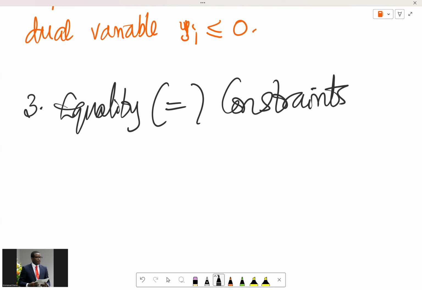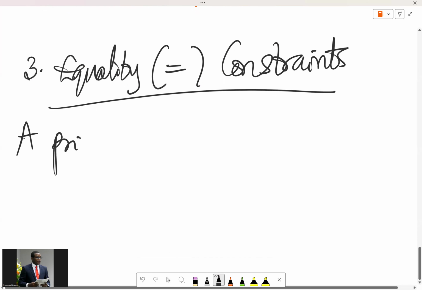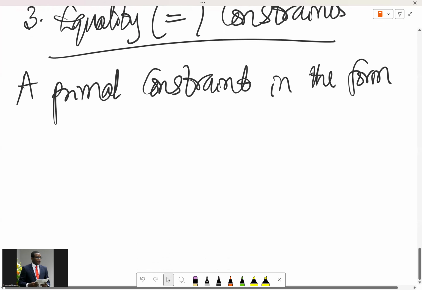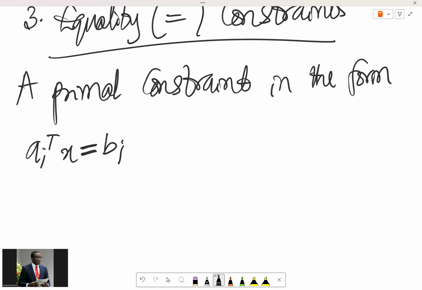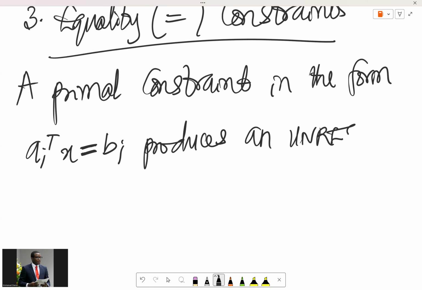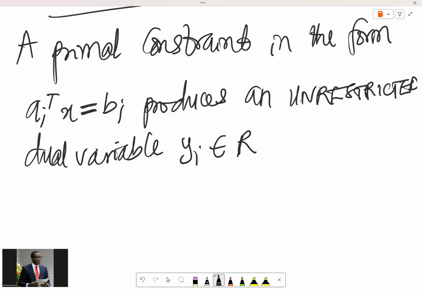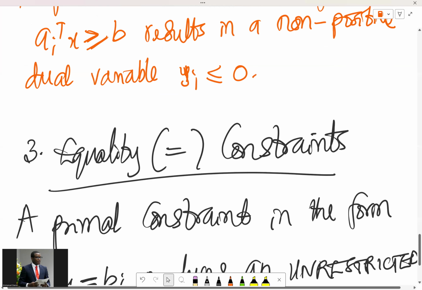So we say that a primal constraint in the form AI transpose X equals BI, where equality is the key thing here, produces an unrestricted dual variable yi, which is a real number, meaning that it can either be positive or negative. So those are the situations we have.